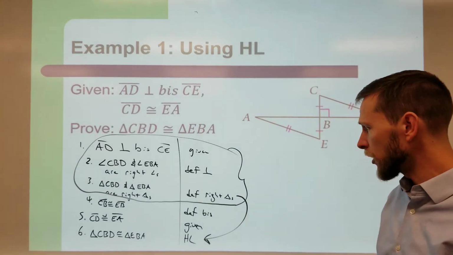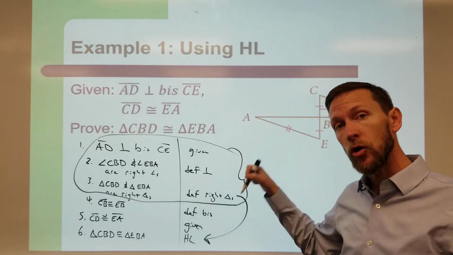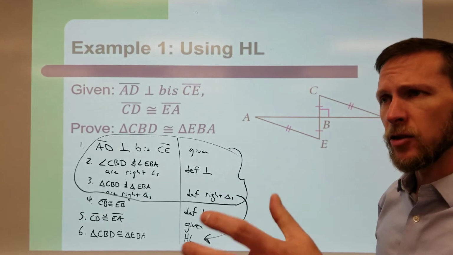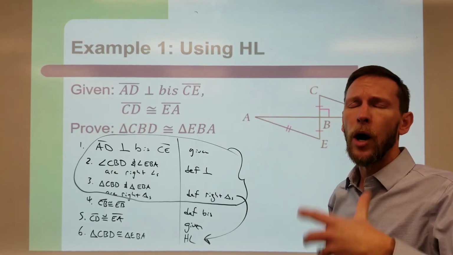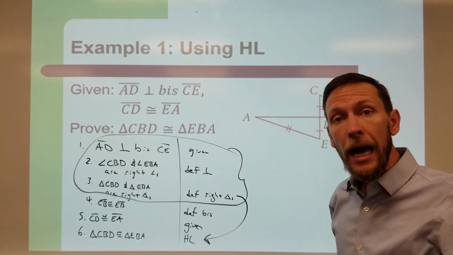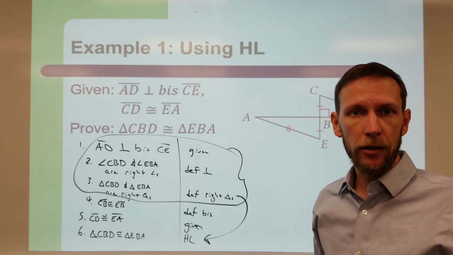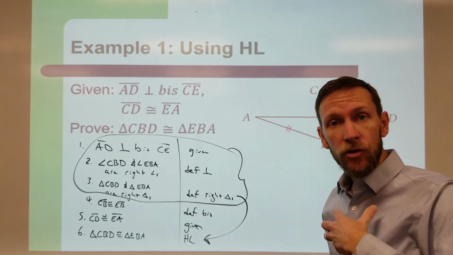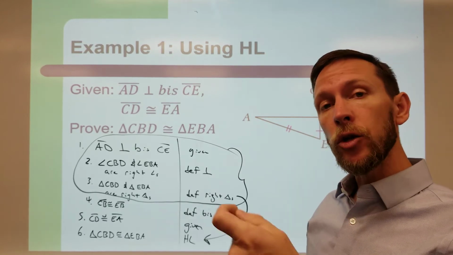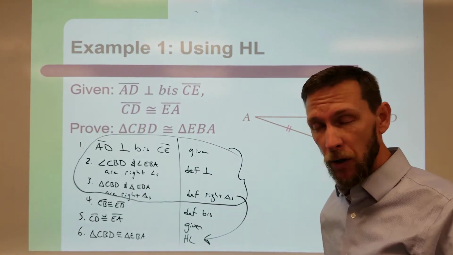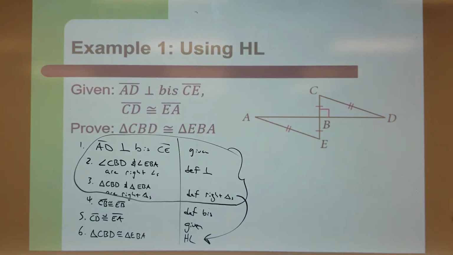You cannot use hypotenuse leg unless you make a statement about those triangles being right triangles, all right? So I know that might be some extra steps, and you might wonder why you have to state that. But again, you are making statements that everybody can read and understand. And that is the goal of doing any proof: that you can read through the proof and understand what it is telling you, all right? And so that was lesson 6.